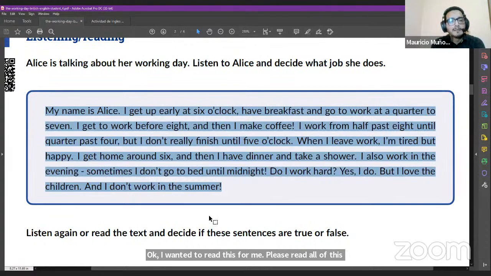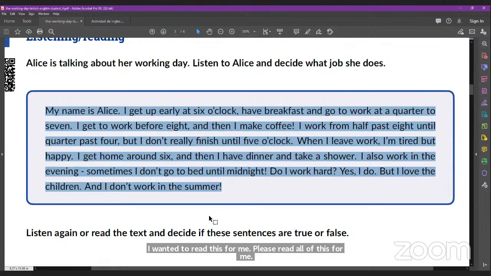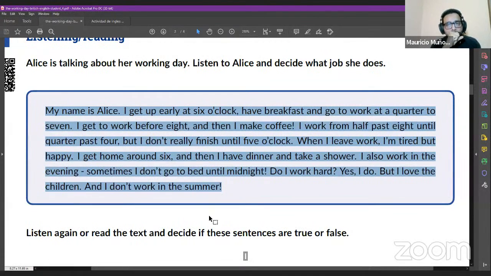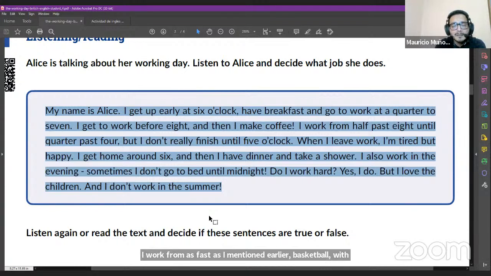My name is Alice. I meet up early at 6 o'clock, have breakfast, and go to work at 4:07 in read to work before 8 and take in my coffee. I work from 8:30 until 4:15, but I don't really finish until 5 o'clock.